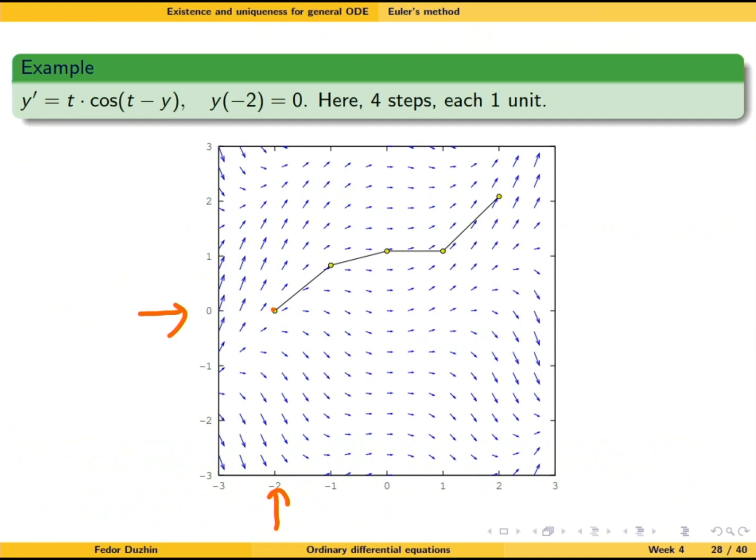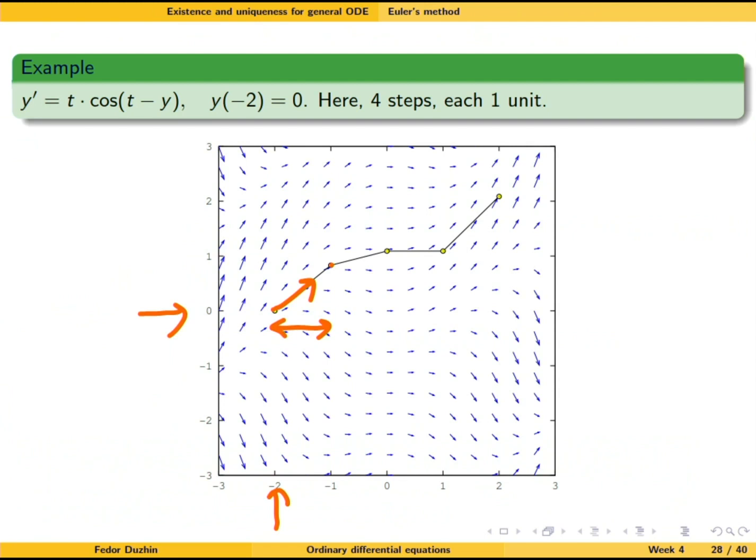So if initially it is at this point, then it means that the solution curve is going to move in this direction. So let's do the following thing. So let's just move in this direction by 1 unit in t. So we are going to take 1 unit in t, and then we're going to move in this direction, and then we get the next point.